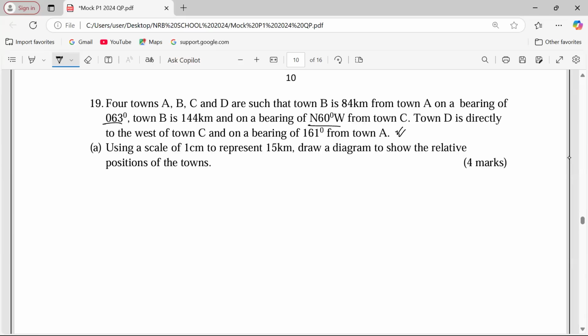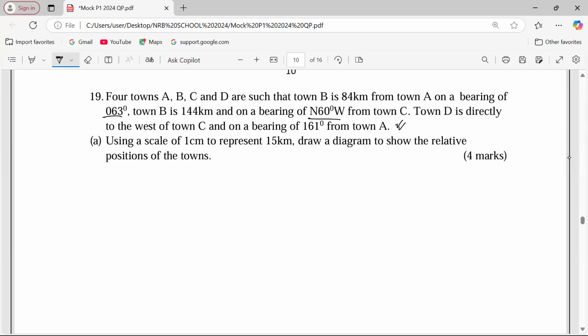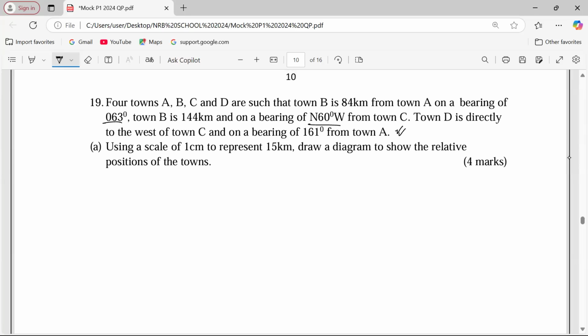Look at part 1. We are told, using a scale of 1 centimeter to represent 15 kilometers, draw a diagram to show the relative positions of the towns. These are 4 towns whose relative positions are now going to be shown. So the first thing we do is start interpreting the first statement, that B is 84 from A on a bearing of 063.